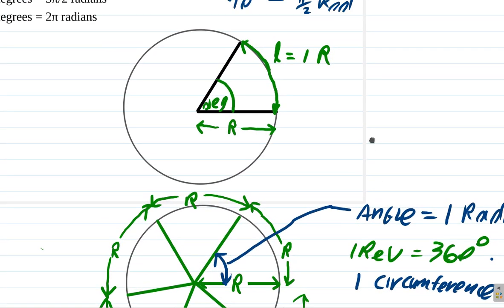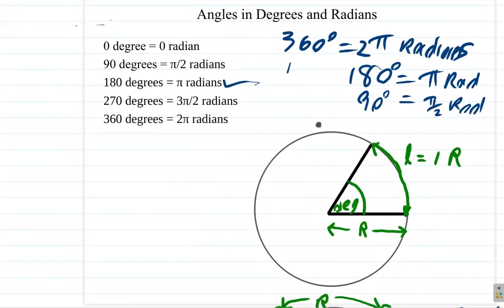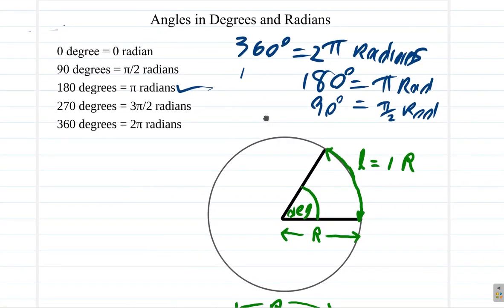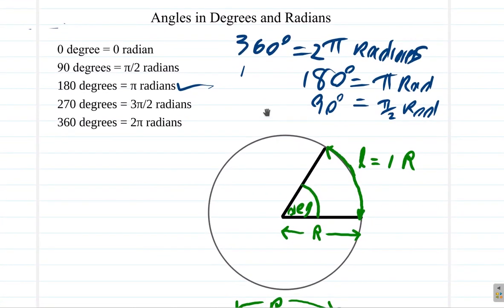Alright, so what we have is degrees and radians. These are some of the values of degrees and radians.